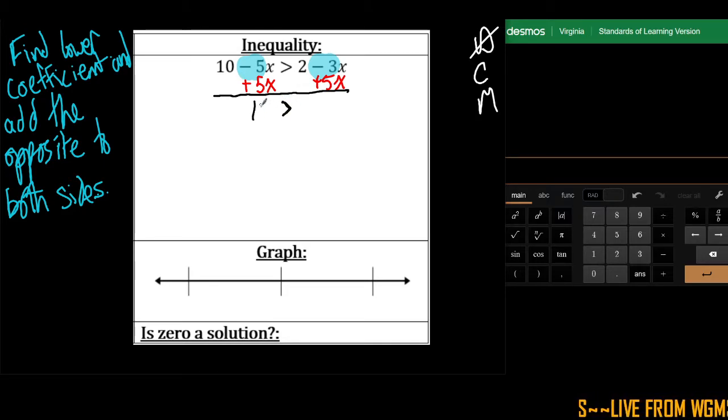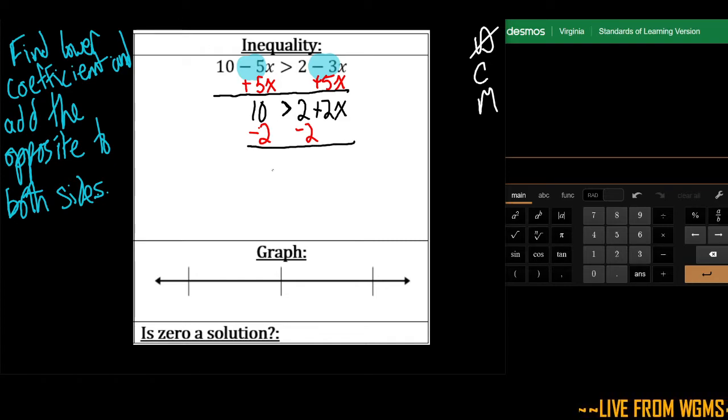On the left, we just have a 10 because the 10 drops down and the 5x's cancel out. And then we have a 2, and then we have a positive 2x. Now we can still get rid of the constant terms. We want to get it to the other side. And so we add the opposite to both sides.